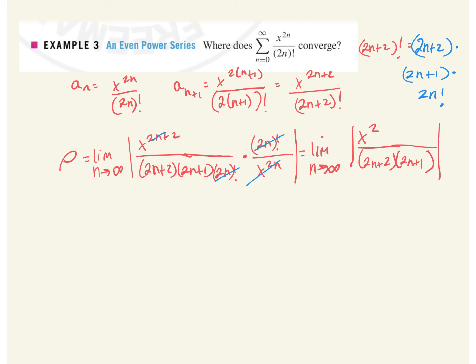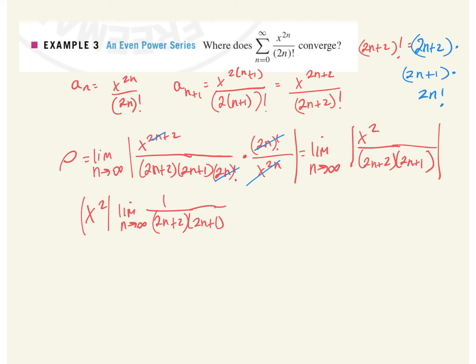All right, so from here I can pull out that x squared and just look at the limit of the n terms, in which the denominator is obviously the larger degree, so that limit zeroes out.